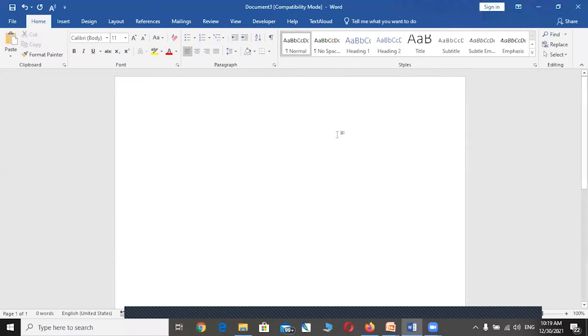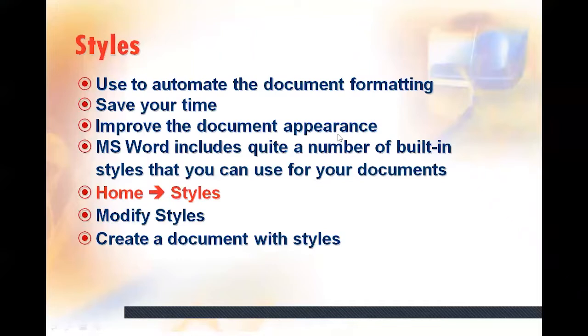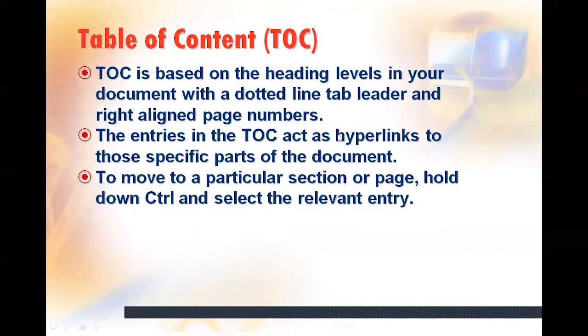But the thing is that you want to understand how you apply these styles to your document and how you automate documents. I will explain that using the table of contents. A table of contents, which we call TOC, is based on the heading levels.